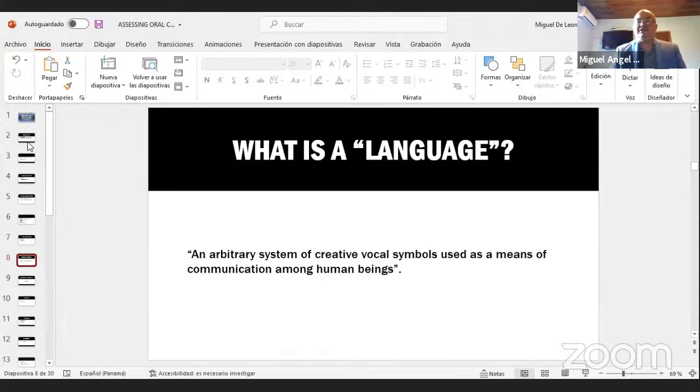Then here's a definition of language, because if we talk about oral communication, one of the most important ways to communicate is language. Language is an ability, I would say, that only human beings have. Some people argue, yeah, but my dog for sure speaks. He's so smart.